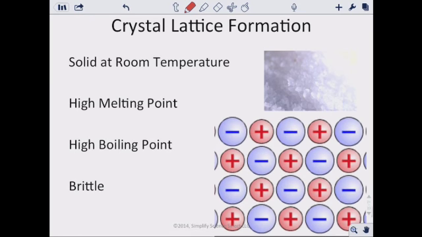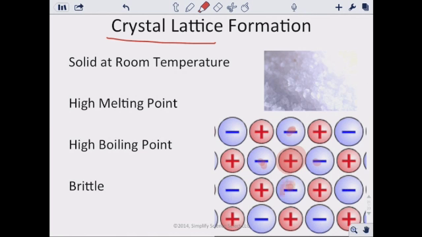Now, because we have this positive and this negative, this metal and non-metal bond, in an ionic compound we have what we call a crystal lattice formation. Basically what this means is that we have a positive and a negative, and if you look at this, all the positives are surrounded by negatives.